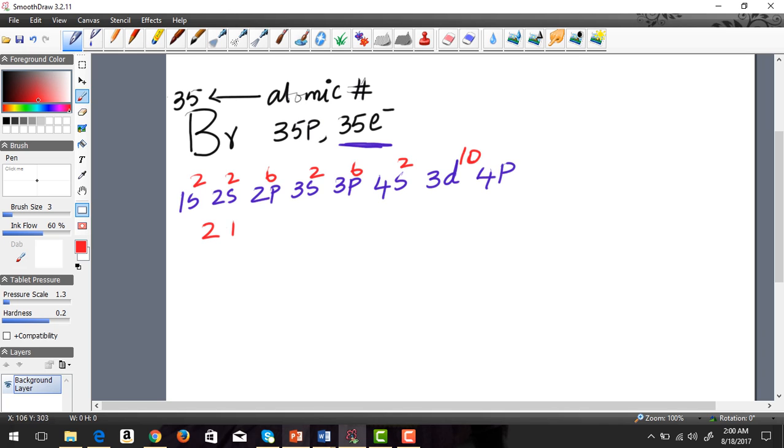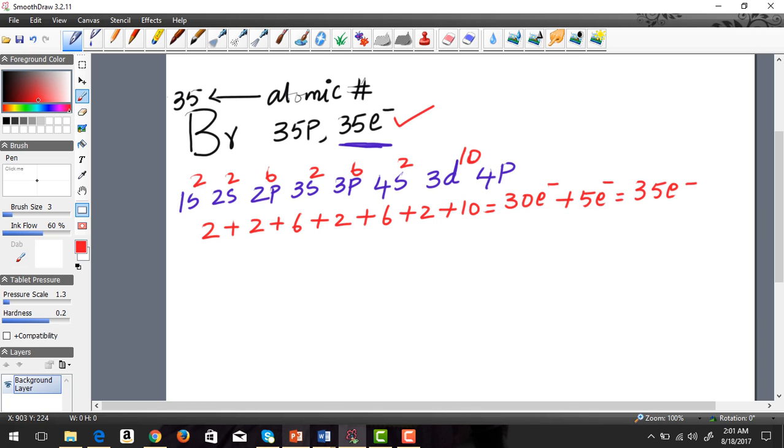So it's 2 plus 2 plus 6 plus 2 plus 6 plus 2 plus 10. I think that adds up to 30 electrons. But we need 35. So we need 5 more electrons to get to the target of 35 electrons. So how much do we add here? 5. Very good. Got that right.